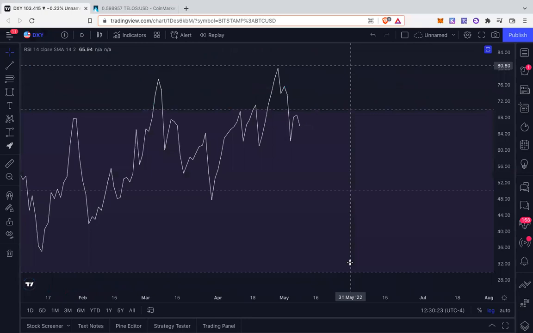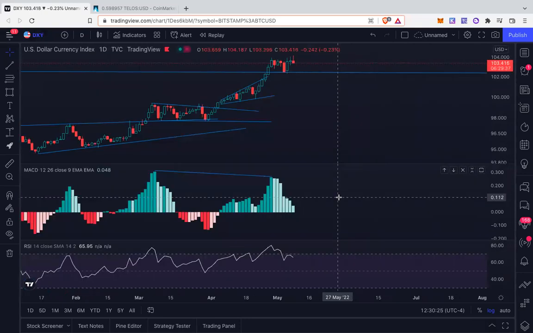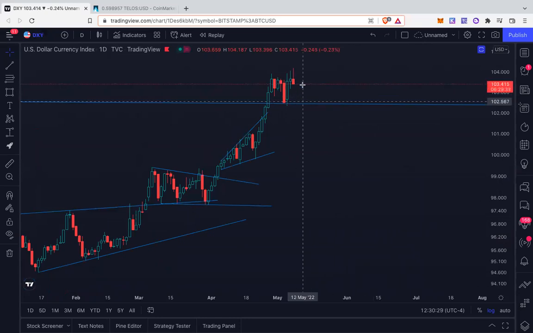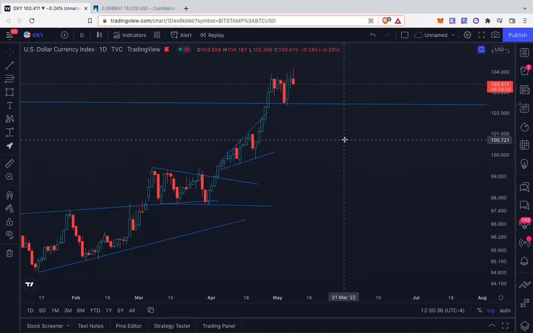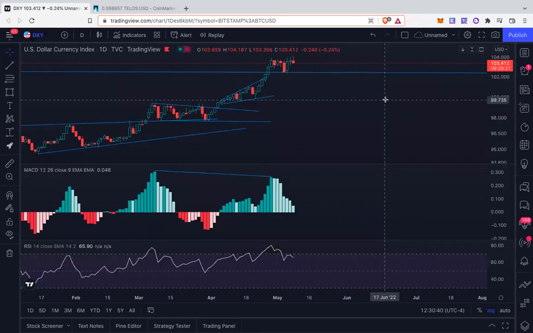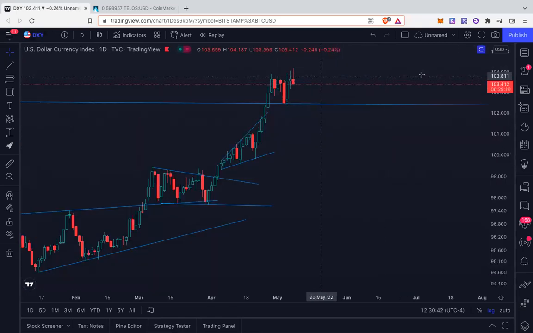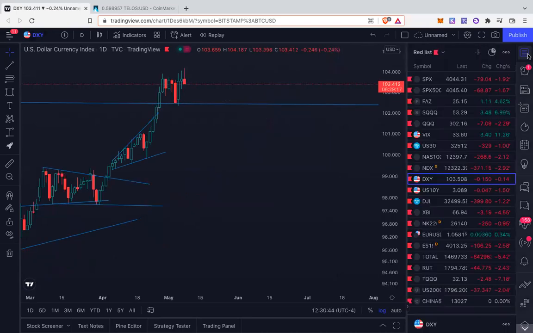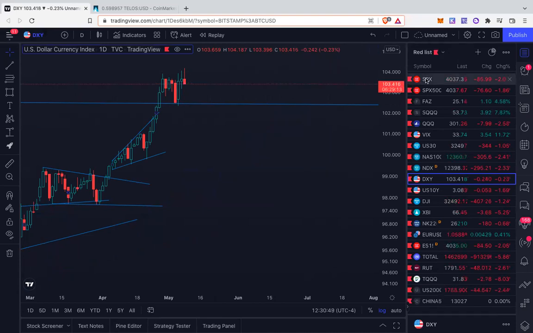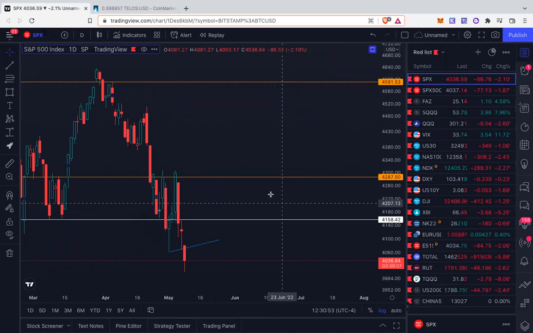So at least we're in a phase where we get some consolidation in the dollar before we see higher prices. But is this something right now, if you're looking for a bounce, something you must be aware of?